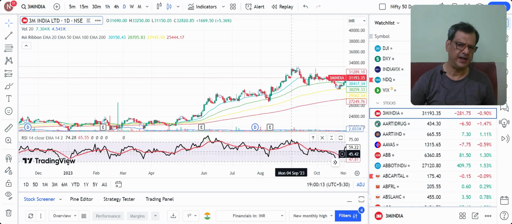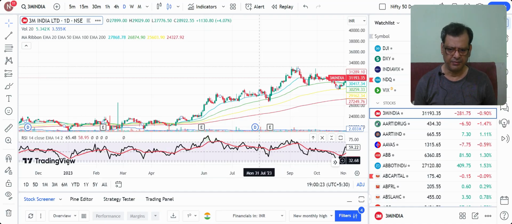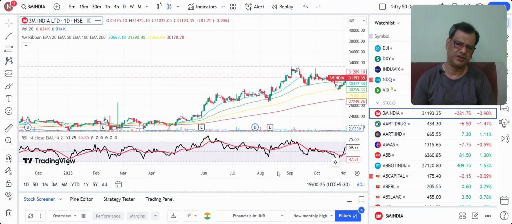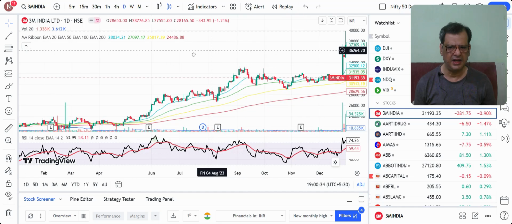And you rarely see it at 100 since 70 is considered to be overbought and 30 is oversold. Normally you will see here, sometimes it may go up to 80, 85, 90. Here it may go below to say around 20, 15, but that happens very, very rarely and not in securities which are large caps or mid caps. Rarely will you see that.